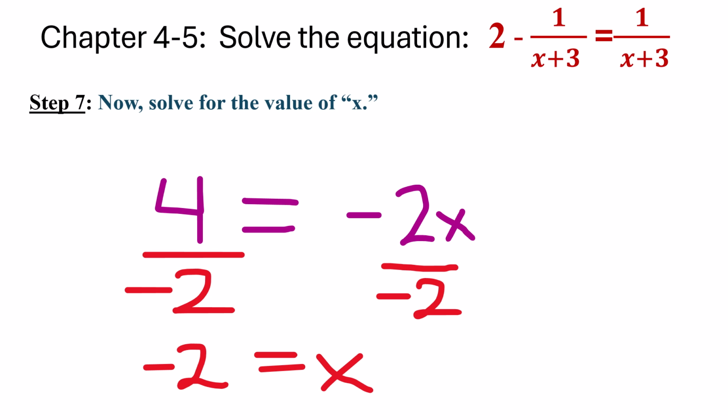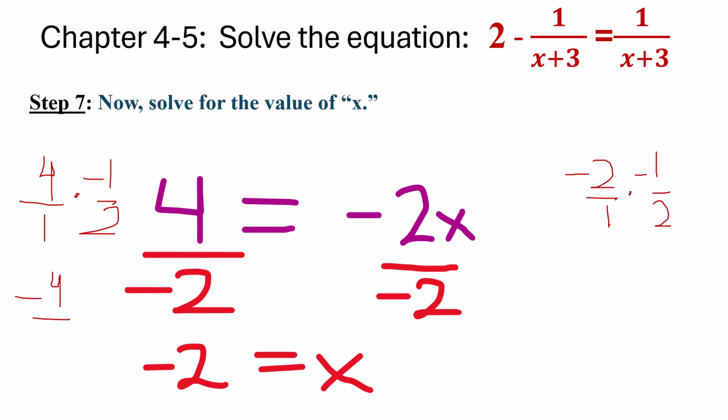What is the inverse of 2? If this is negative 2 over 1, as I should say, its inverse is negative 1 over 2. Okay? And so this would be 4 over 1 times negative 1 over 2, which I put the negative here. But you could do it this way, negative 4 over 2.